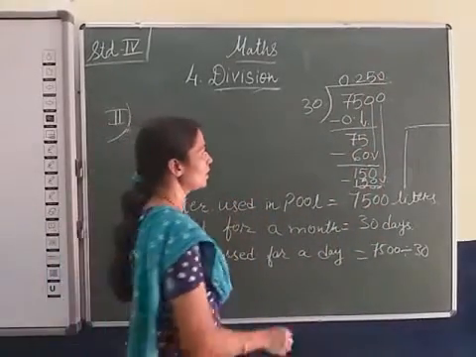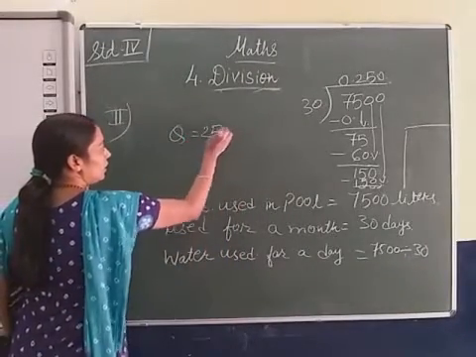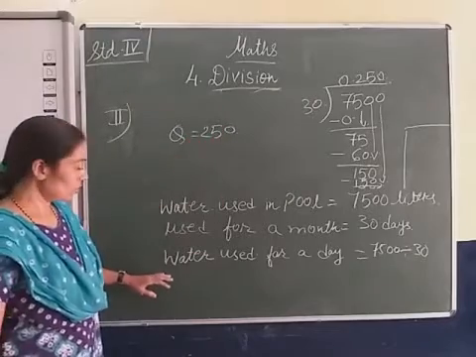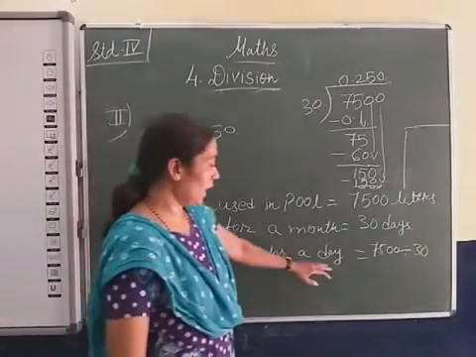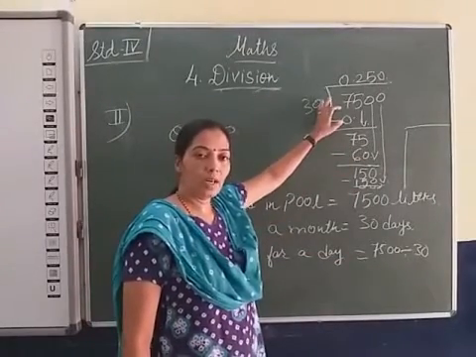So the quotient is 250. Yes, so 250 is our answer. So water used for a day, that we divide and we get the answer 250.